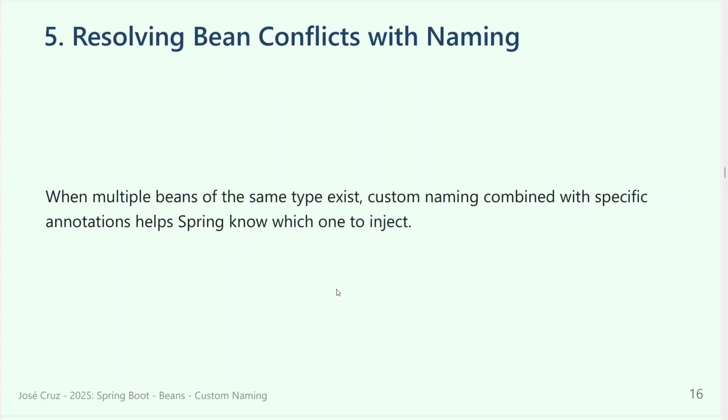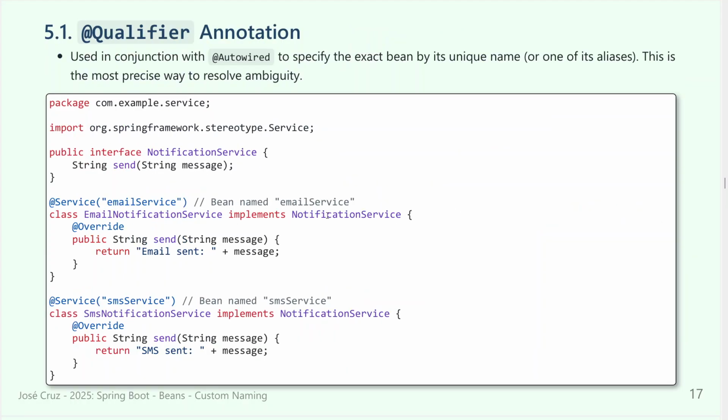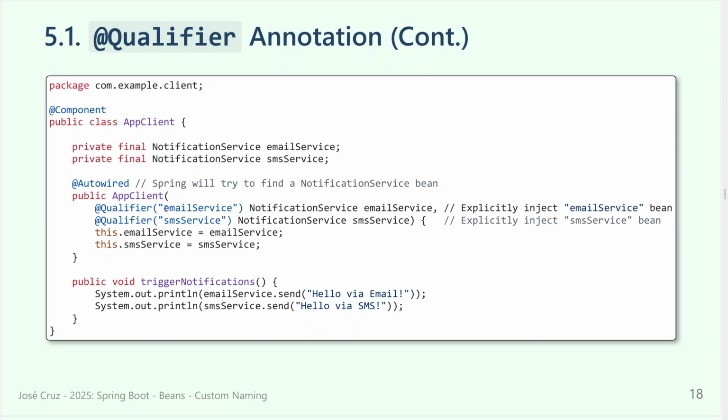But the variable here is defined using the interface. So Spring Boot cannot guess which bin you want, because this is the interface, and the interface is implemented by both email and SMS, so it doesn't know which one to choose. In this case, you want to use the qualifier and provide here the name of the bin.